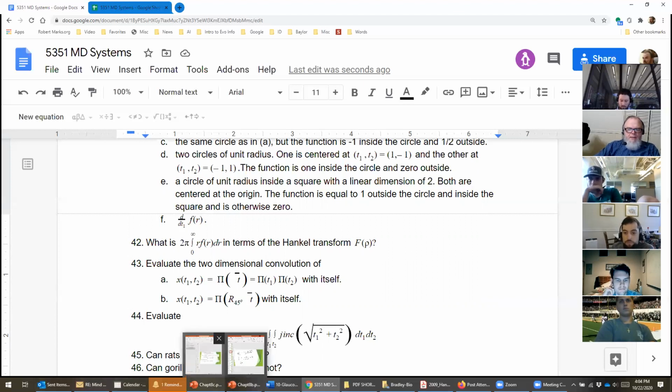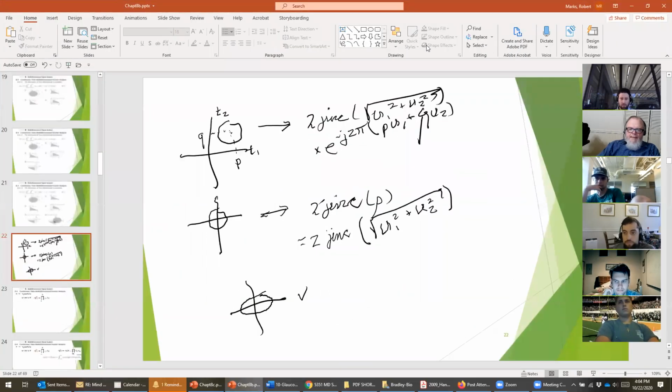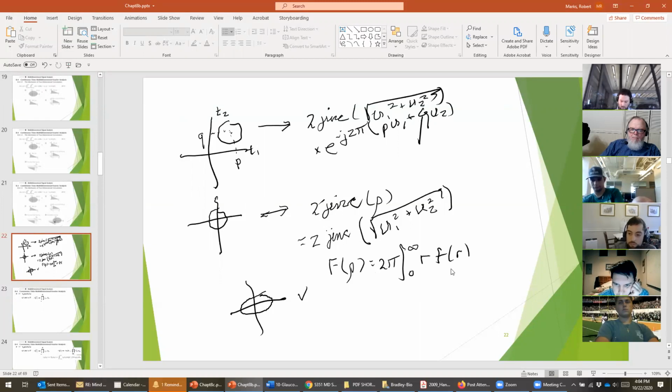Okay, let's try this. What's the Hankel transform? It's F of rho.